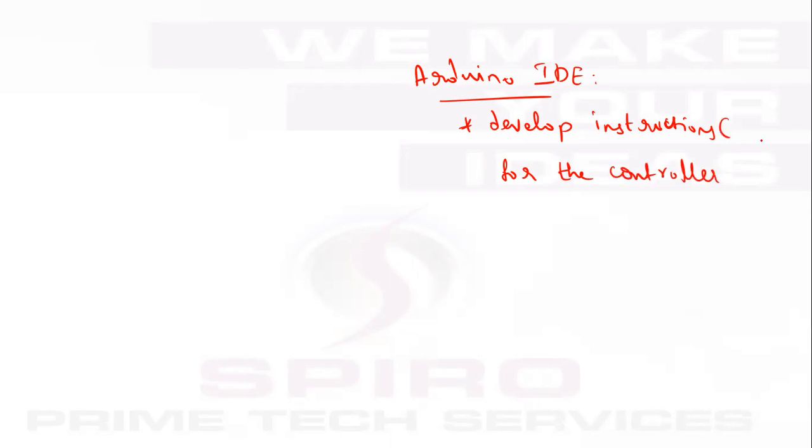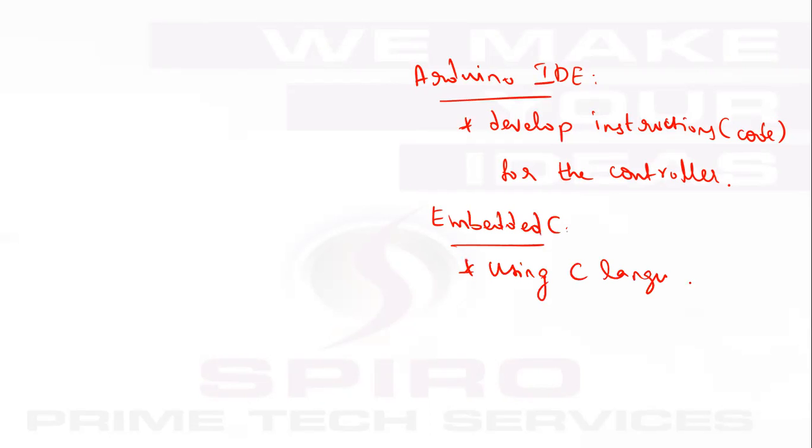The programming language used is embedded C, that is, using C language in a controller is called embedded C.